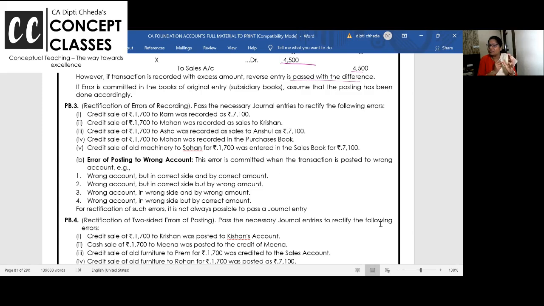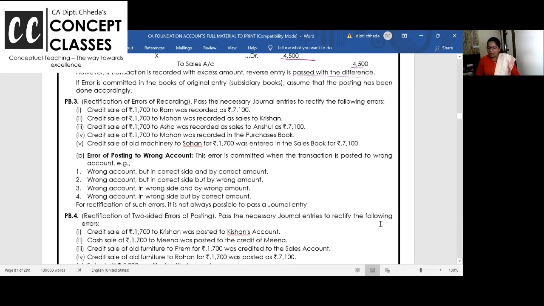One will be error of principle, one will be error of omission, one will be error of commission. Abhi to har ek ke liye we are doing. So right now we are doing third problem in the class for journal entries to rectify the error. ठीक है? Where two accounts are affected.